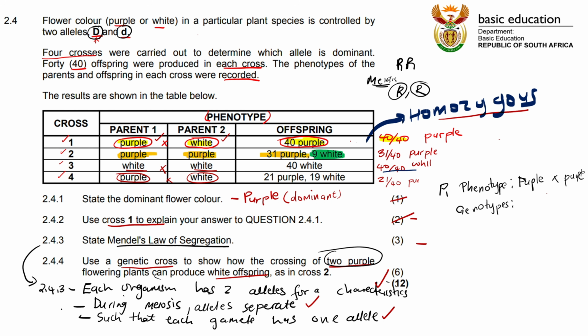In this case, we are using capital letter D and small letter d. So purple must be represented by capital letter D and small letter d, crossing with capital letter D and small letter d. How are you going to see that this is a heterozygous condition? The offspring is a mixture. How are you going to see that this is a homozygous condition?